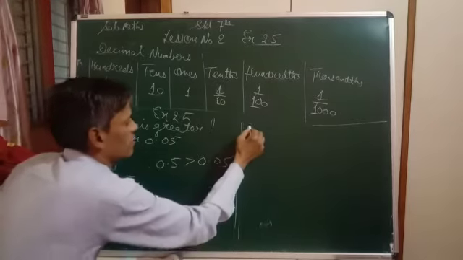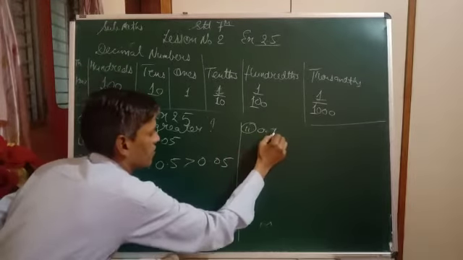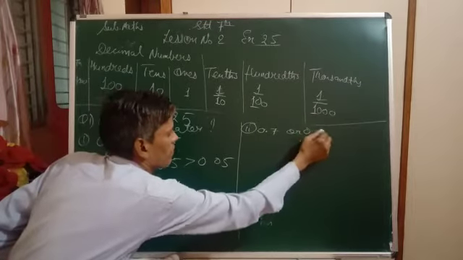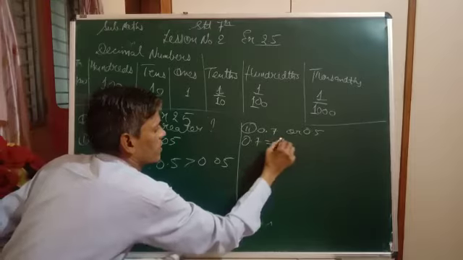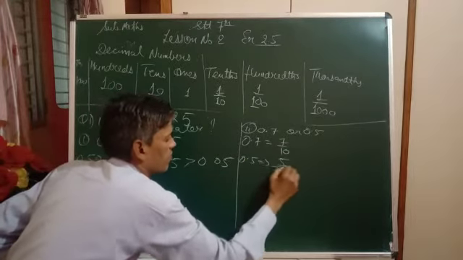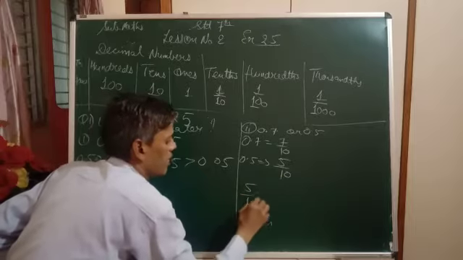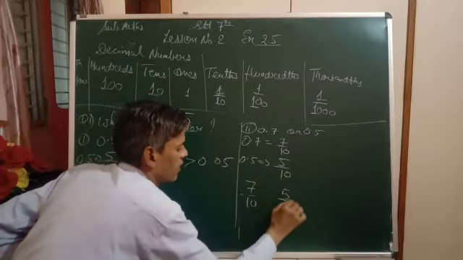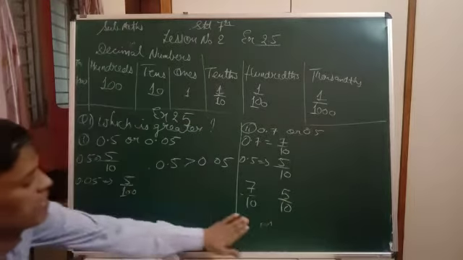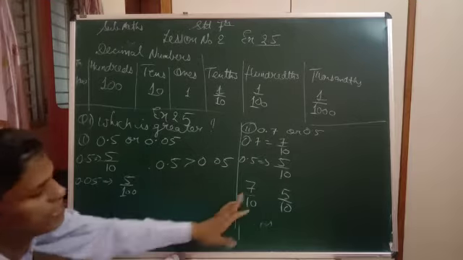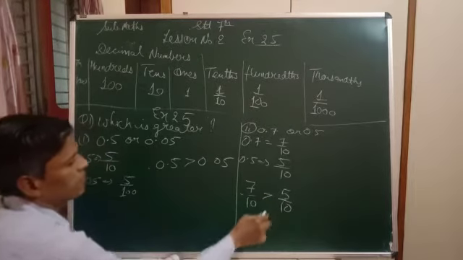Second question. 0.7 or 0.5. For 0.7, 7 upon 10. For 0.5, 5 upon 10. We know that both have the same decimal place value, equal. So 7 is bigger.